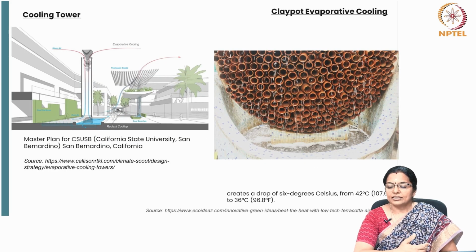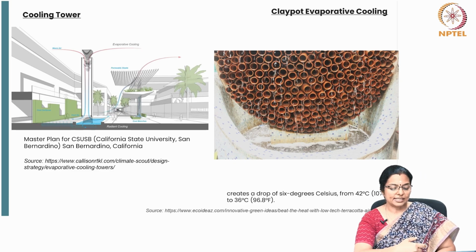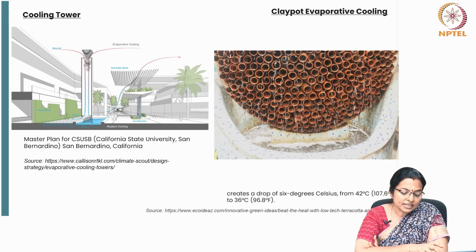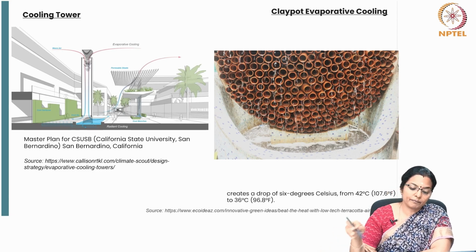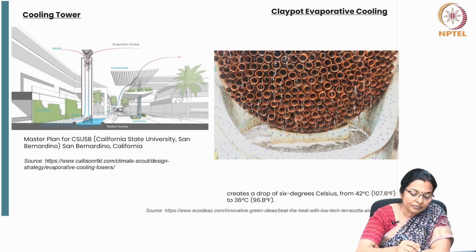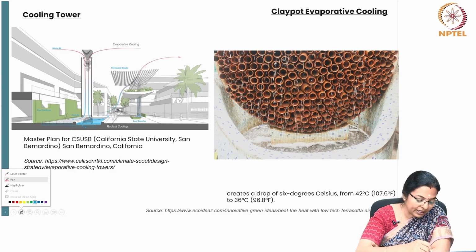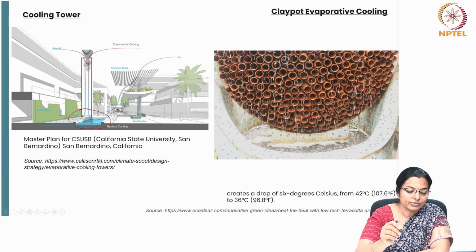Let us see the applications of this technique and also a few case studies. The master plan for California State University, San Bernardino, has an evaporative cooling system, and you can see how this system is integrated with the landscape element in the form of a water pool.